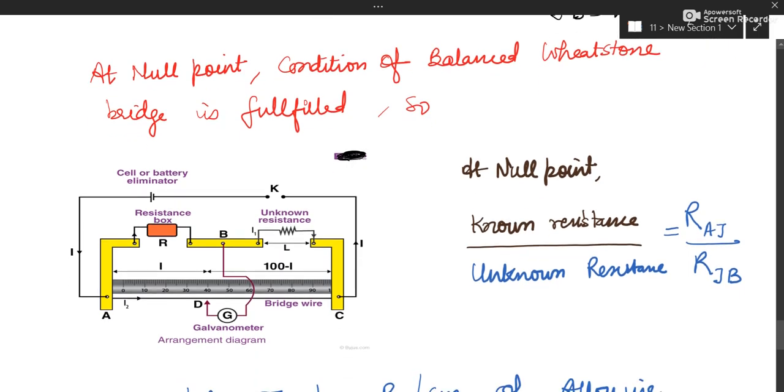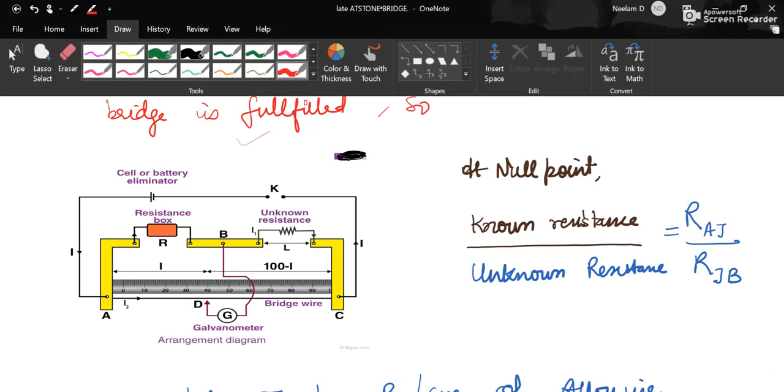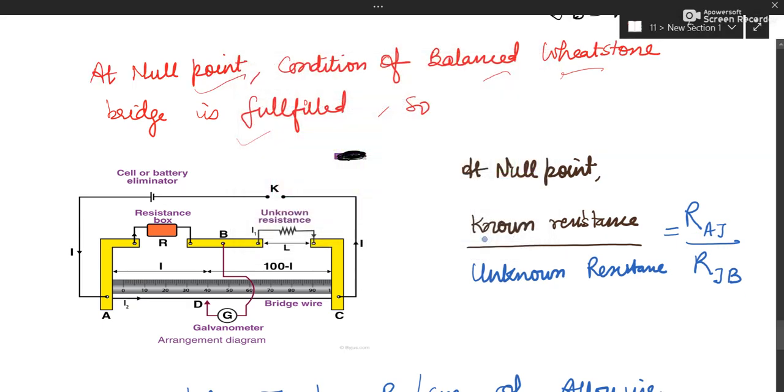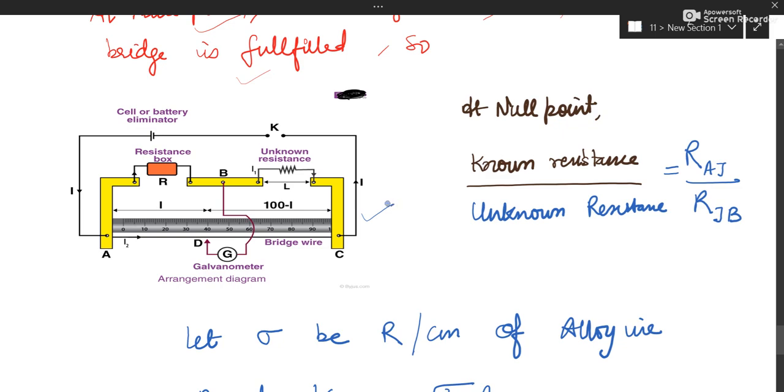Because it is the null point, the balanced Wheatstone bridge condition is fulfilled. There is an analogy here. This circuit is now a balanced Wheatstone bridge. This is your P, the known resistance. This is your Q, the unknown resistance.